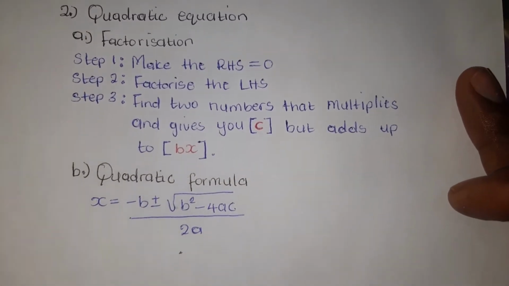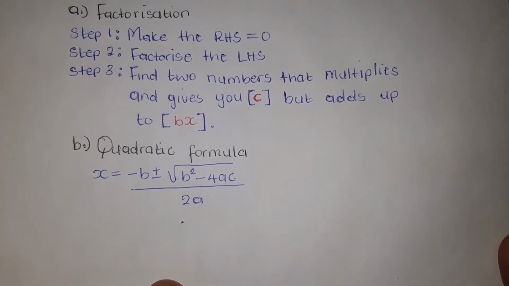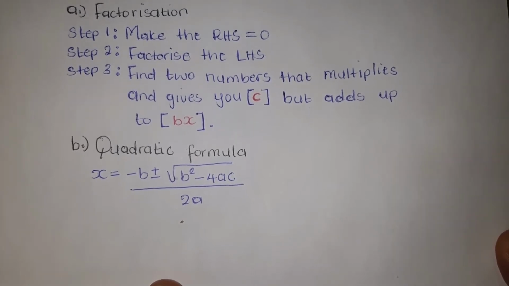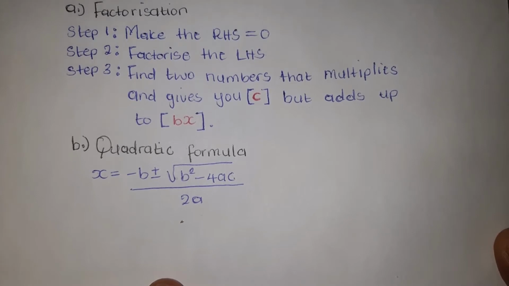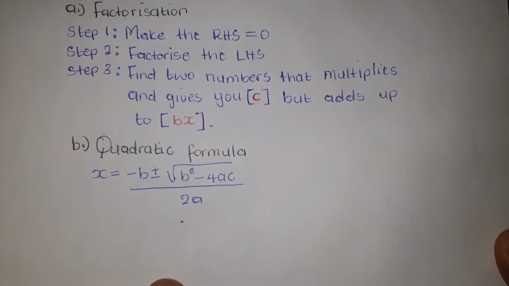Let's move on to another solving method of quadratic equation, which is the quadratic formula. I think this one is straightforward, everyone knows it, which is x is equal to negative b plus or minus the square root of b squared minus 4ac, all over 2a.